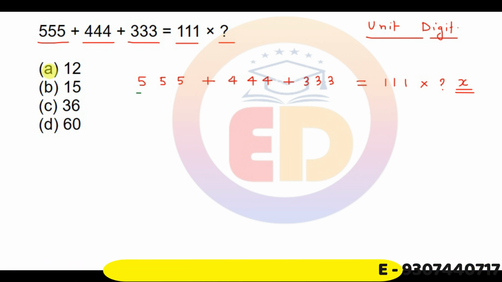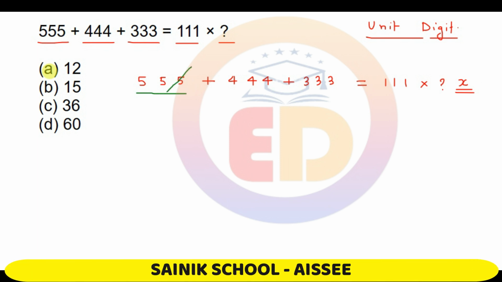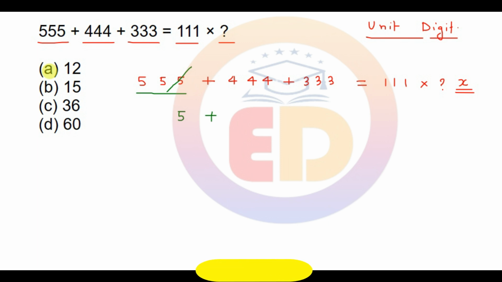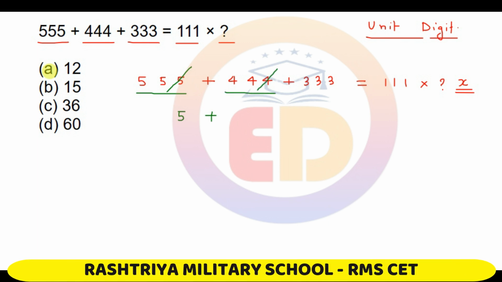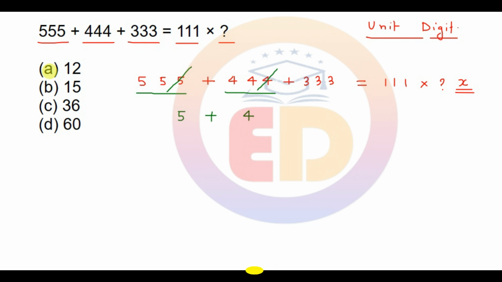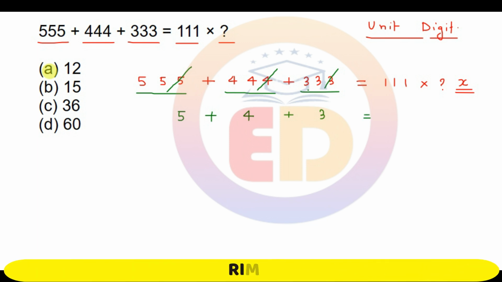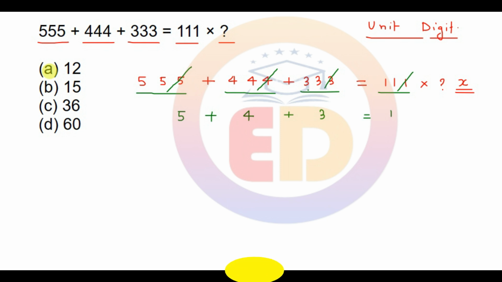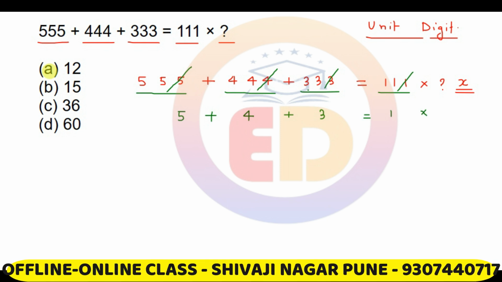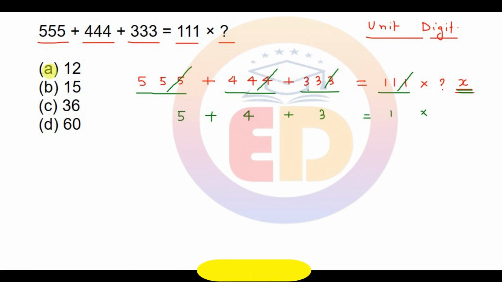The unit digit of 555 is 5. Plus the unit digit of 444 is 4. Plus the unit digit of 333 is 3. Equals the unit digit of 111, which is 1, multiplied by the unit digit of the answer x.